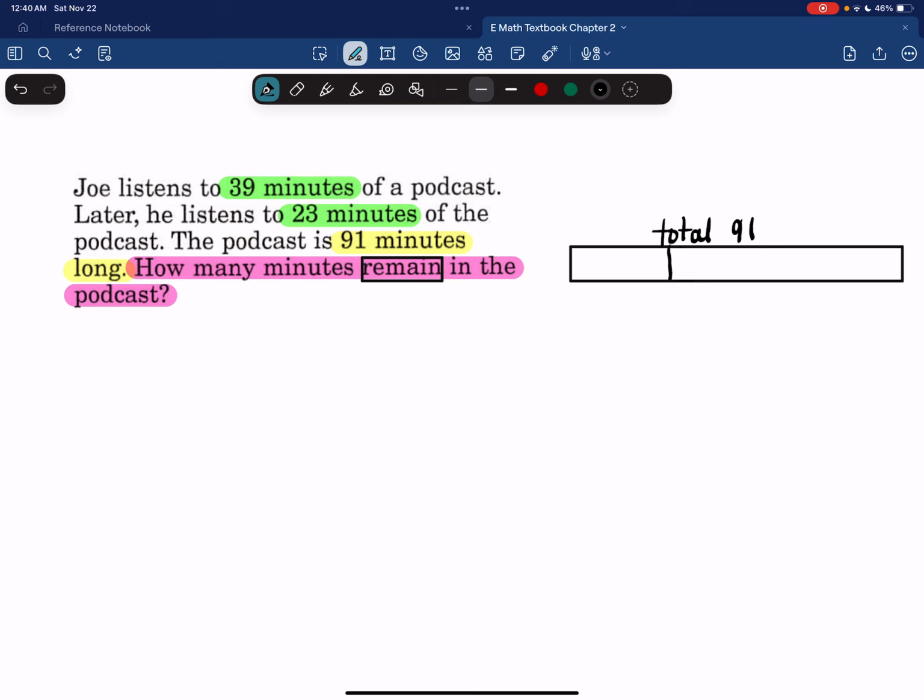We have 3 sections. We have the 39 that he listened to, the 23 that he listened to, and then the unknown is how much remains.